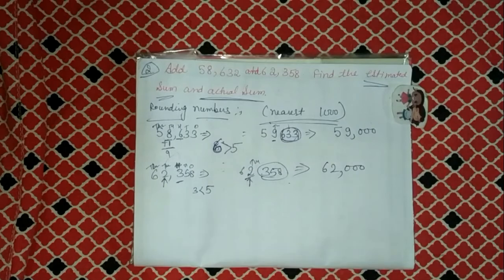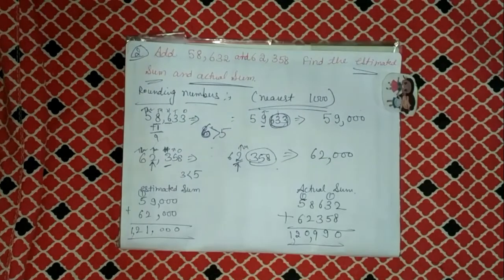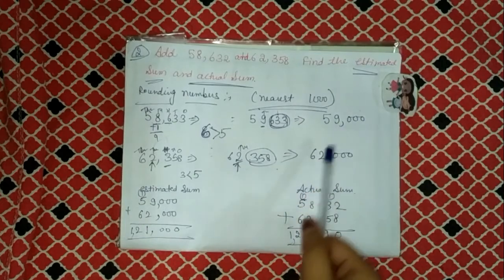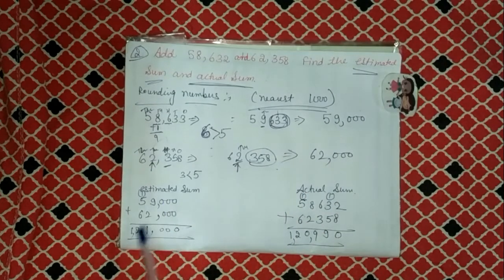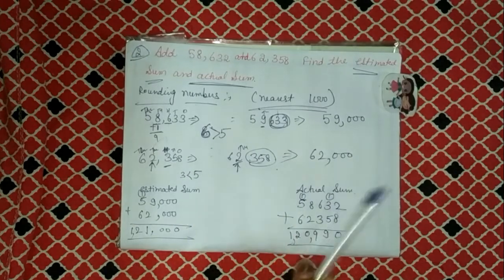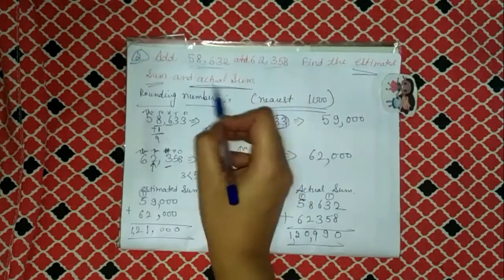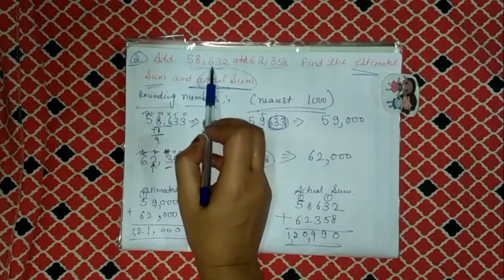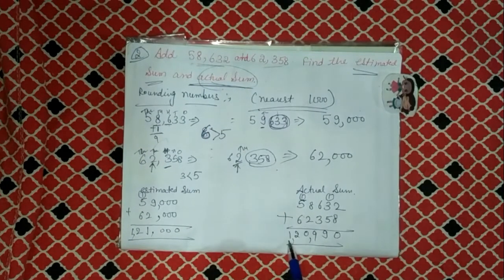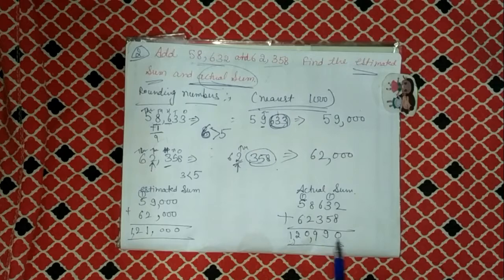Now we have to find the estimated sum. So this is the estimated sum, 59,000 plus 62,000 I have added here, and I got 1,21,000. Correct. And the actual sum means 58,632 plus 62,358 I have added. So I got 1,20,990.